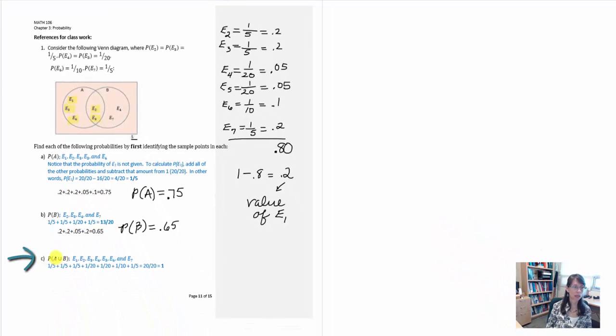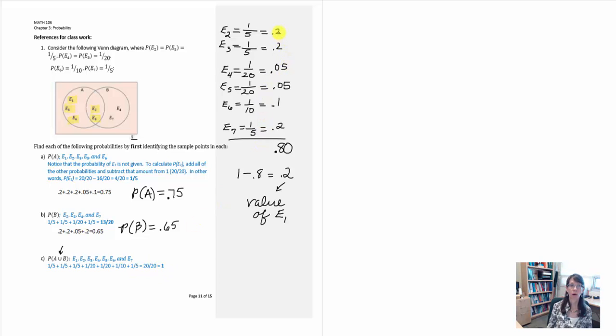For example C, notice the symbol given here. We are looking for the probability of A in union with B. So remember, union means A or B or both. So event A and B. Looking back, all of our points are in those two events. So we should end up with 1. Using the fractions, you end up with 20/20ths, which is 1.